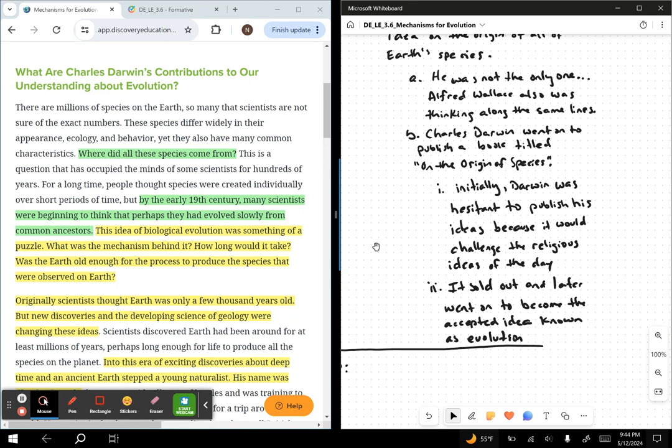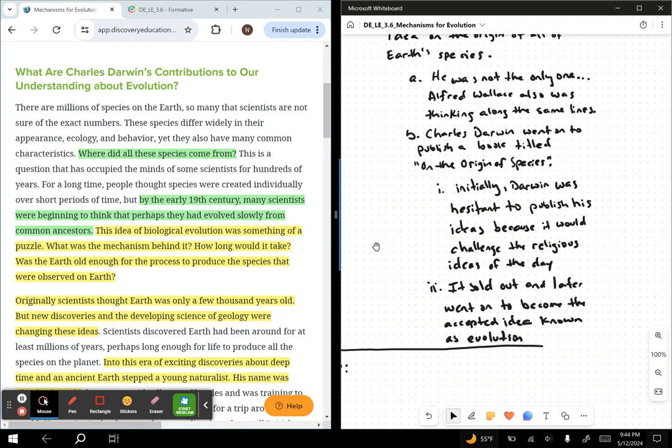We can definitely thank both of them. We can thank both Wallace and Charles Darwin, but certainly the credit goes to Charles Darwin, especially as the principal person involved in his theory of evolution.